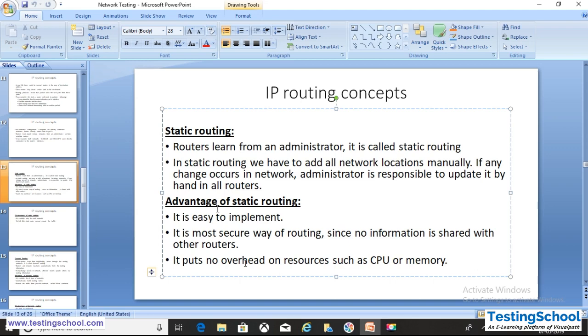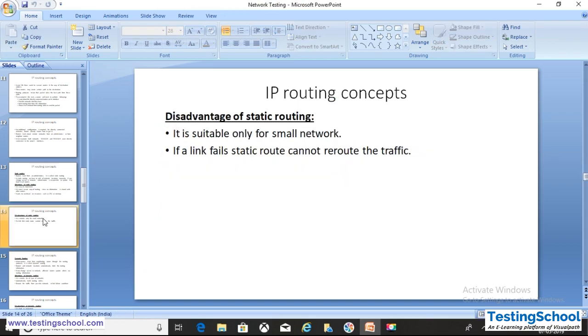Now what is the disadvantage of static routing? It is suitable only for a small network. It is obvious: when one person is feeding all the information into all the existing routers, it will be more prone to error also. When you are doing everything manually, there are more chances of error.